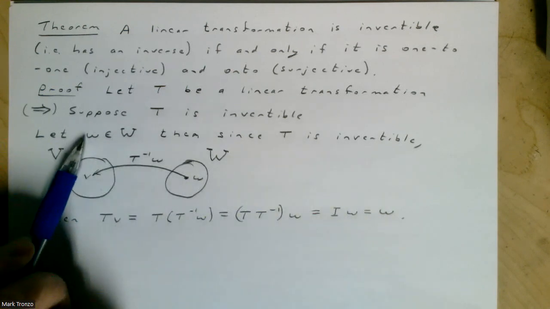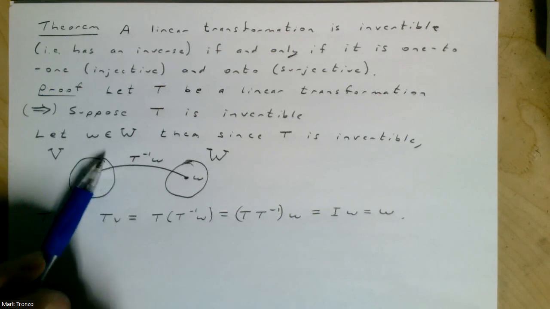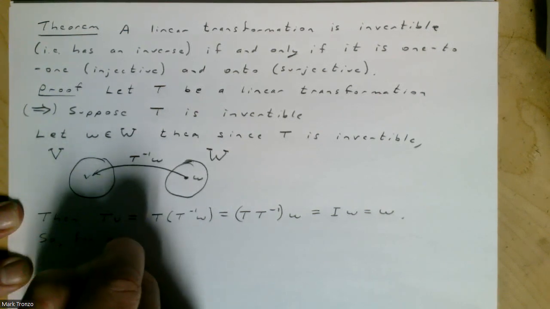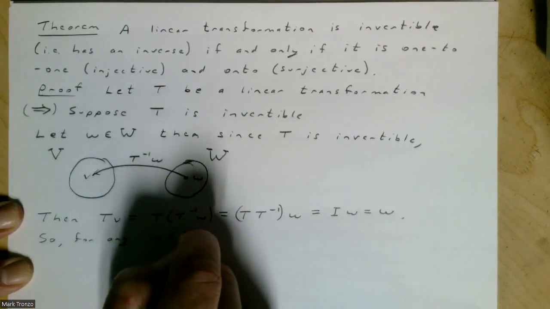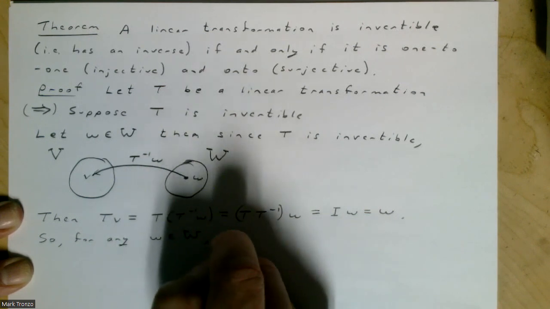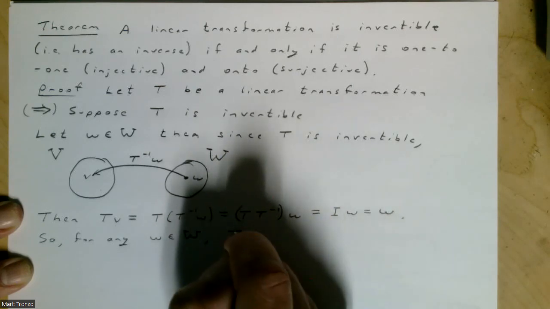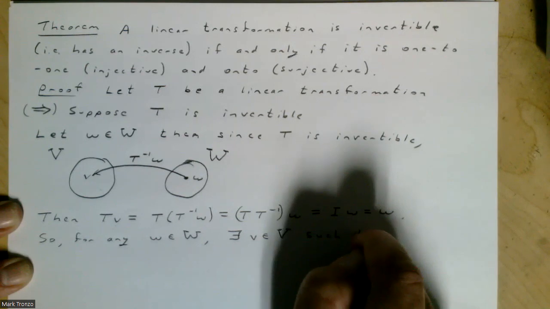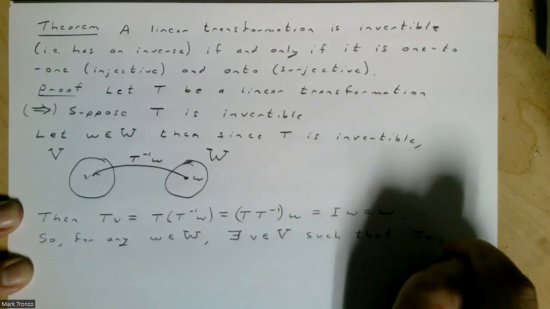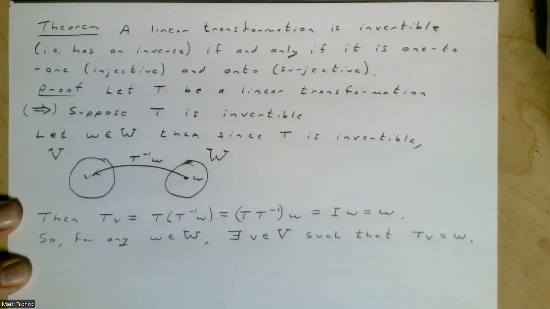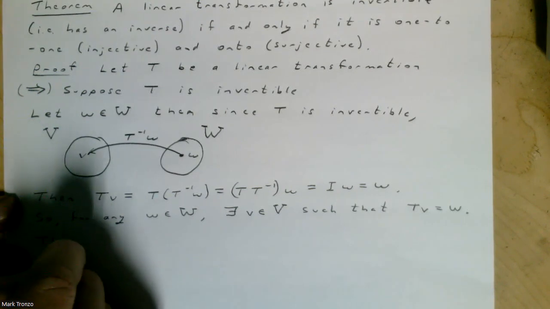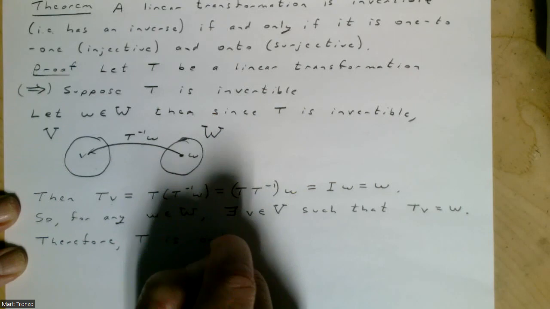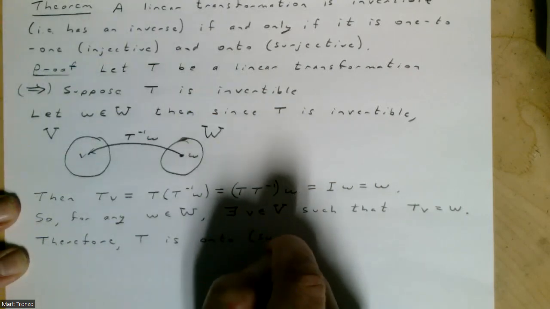So what does that imply? Since we picked just an arbitrary W, we can now say, for any W in the space W, there exists a V in the space V such that T V is equal to W. Therefore, T is onto or surjective.